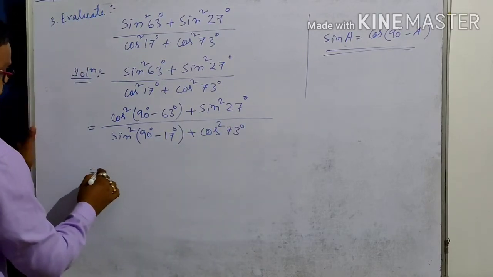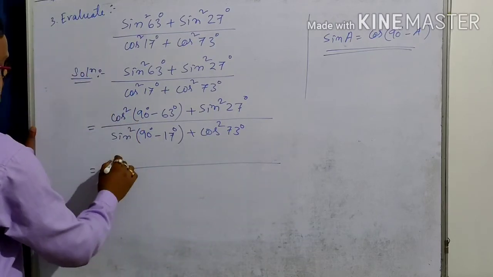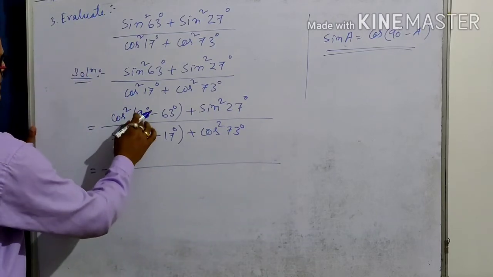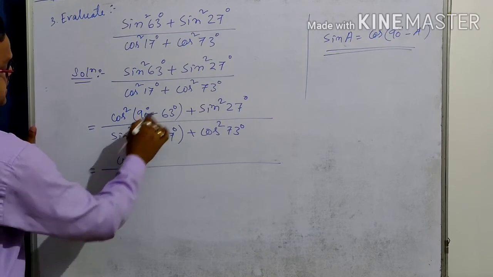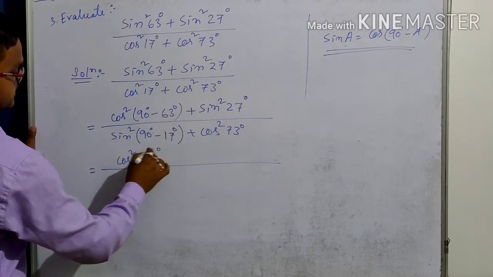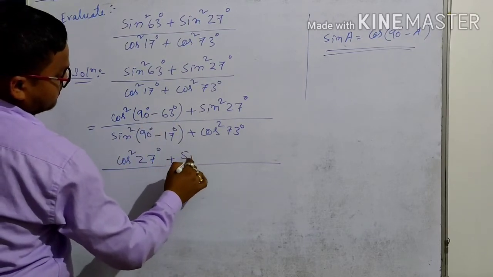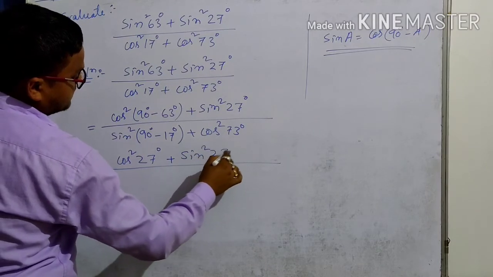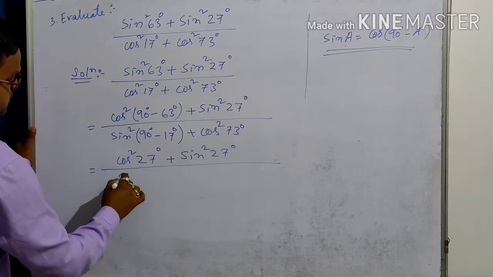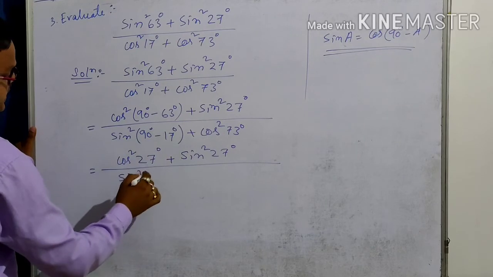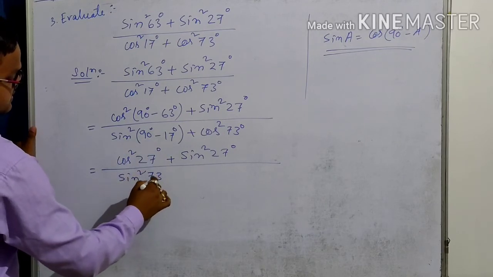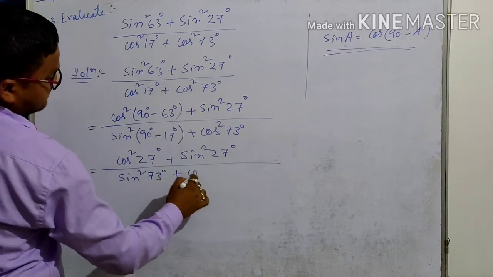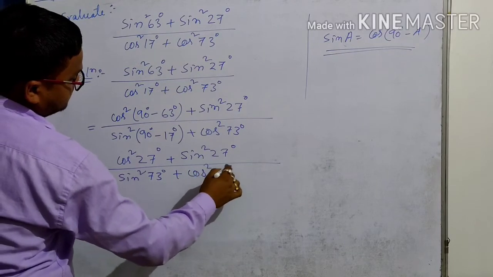Now you see cos square 90 minus 63 degree, you will get 27 degree, plus here you will get sin square 27 degree. So denominator part, what you get? 90 minus 17, you will get 73 degree plus cos square 73 degree.